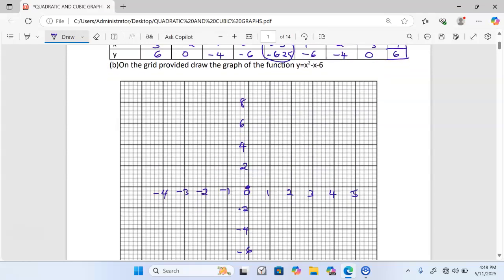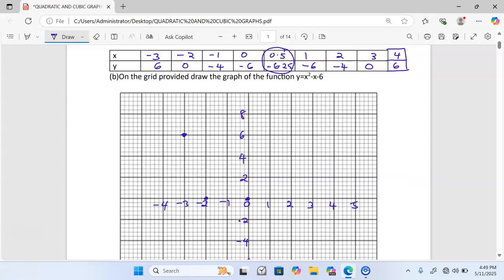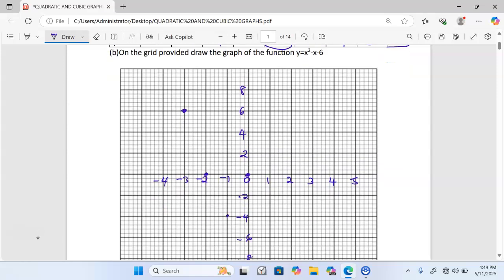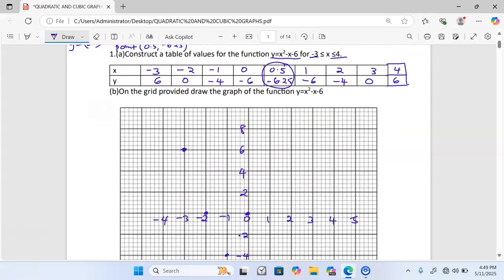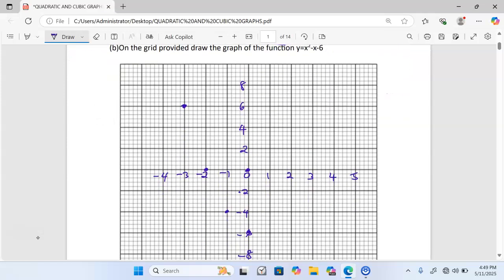Having gotten our scale, now we can start the plotting exercise. Remember, when x is -3, y is +6, this point here. When x is -2, the value of y is 0. When x is -1, y is -4. When x is 0, y is -6 at this point here.